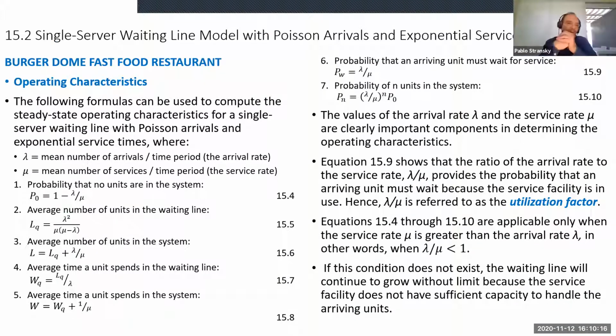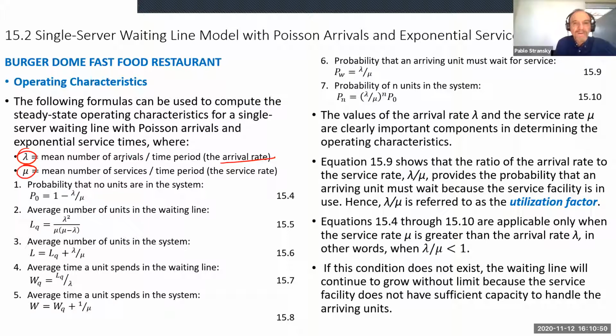Okay, so last class we started explaining the Poisson distribution and also the exponential distribution. And we said that we were gonna be using the Poisson formula for lambda, where lambda was the arrival rate, and we have the exponential distribution.